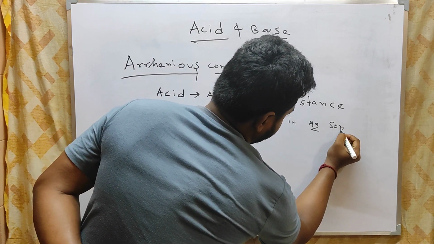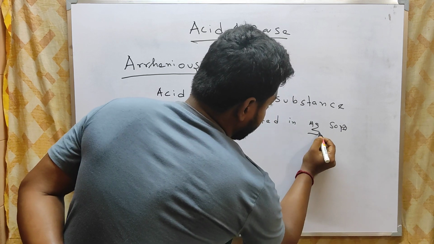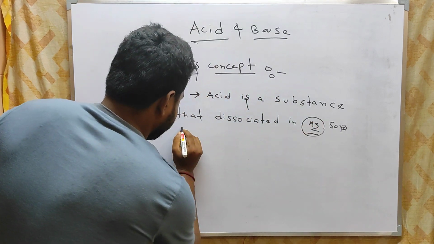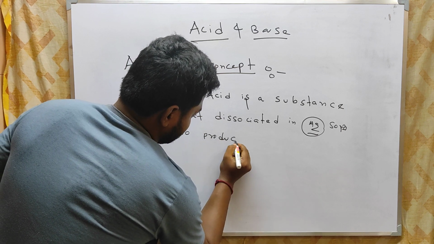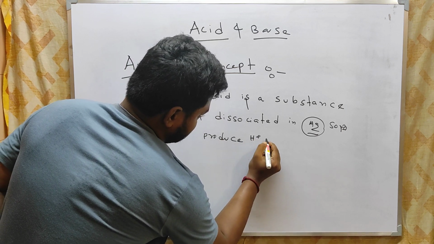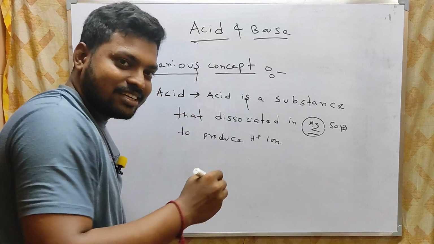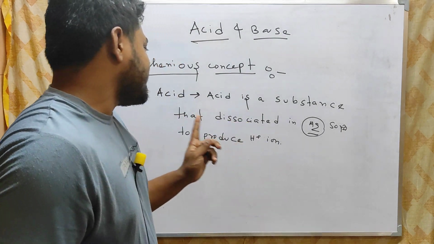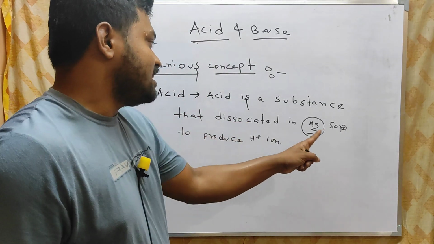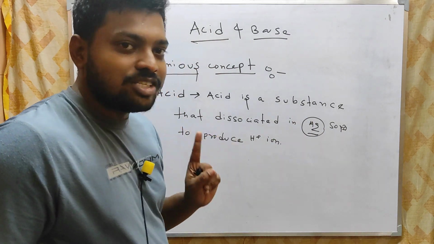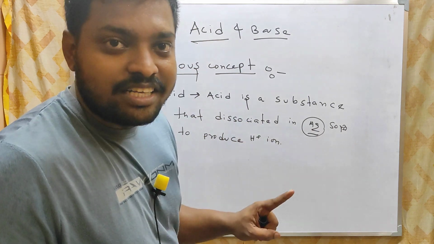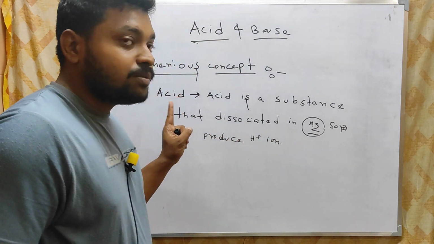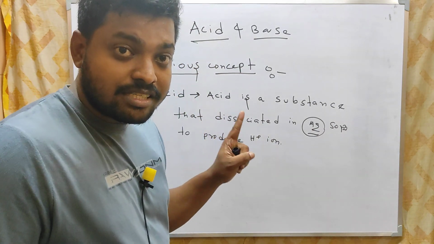Mind it, in which solution? Aqueous solution, to produce H plus ion. Okay, so acid is a substance that dissociates in aqueous solution to produce H plus ion. This is the concept of Arrhenius, and this is the definition of acid by Arrhenius concept.